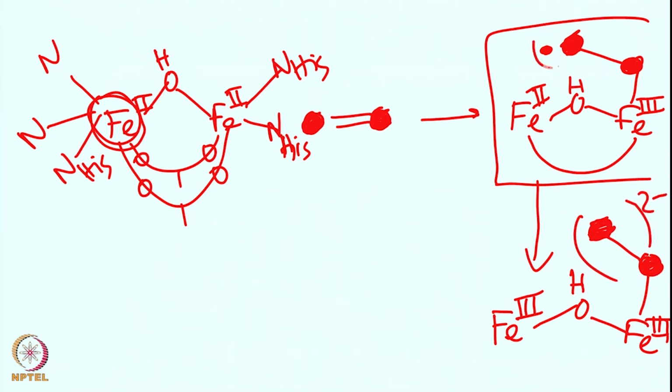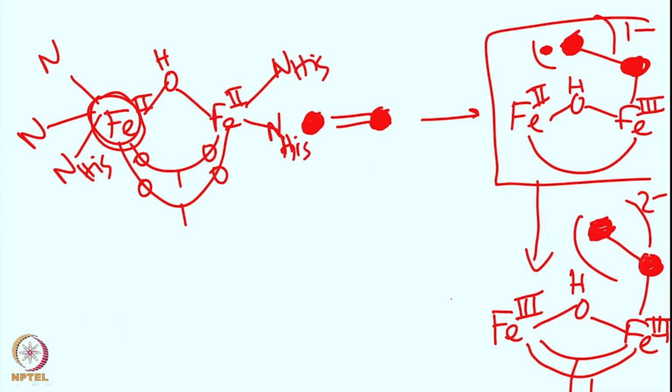So, this was 1 minus superoxo, this is a peroxo. Of course, just remember that it is not really possible to see such intermediates; I am just drawing stepwise for your clarity, for you to understand very simply. So, both the iron 2 plus centers give 1 electron at a time to give the iron 3 peroxo species.